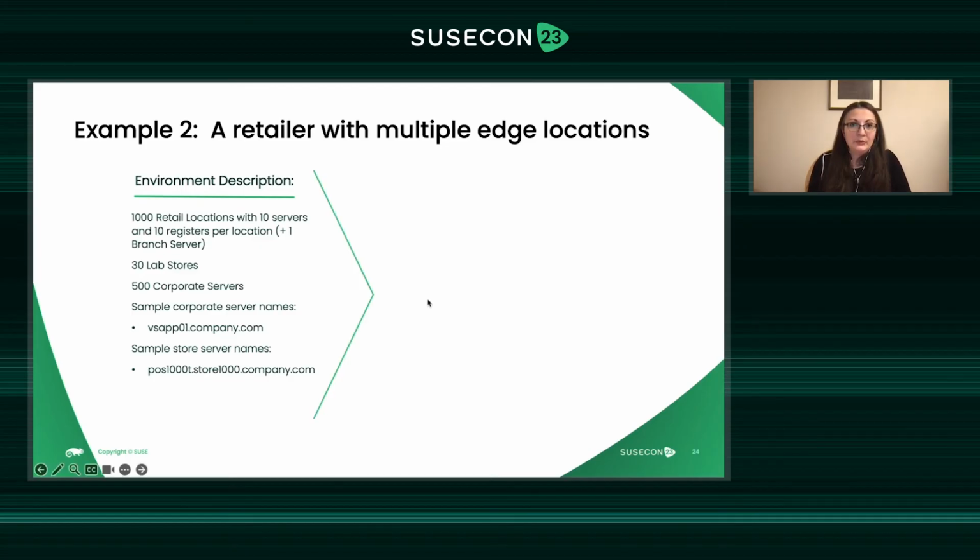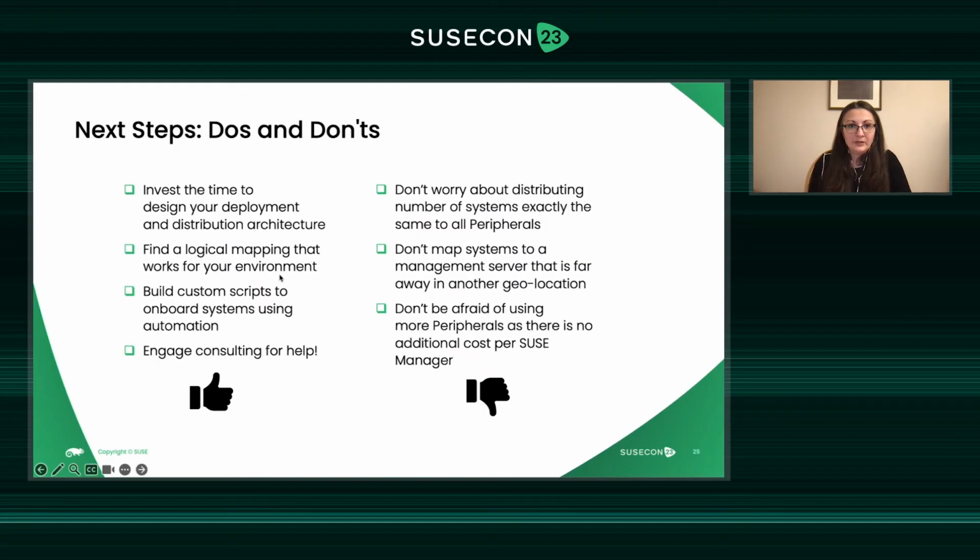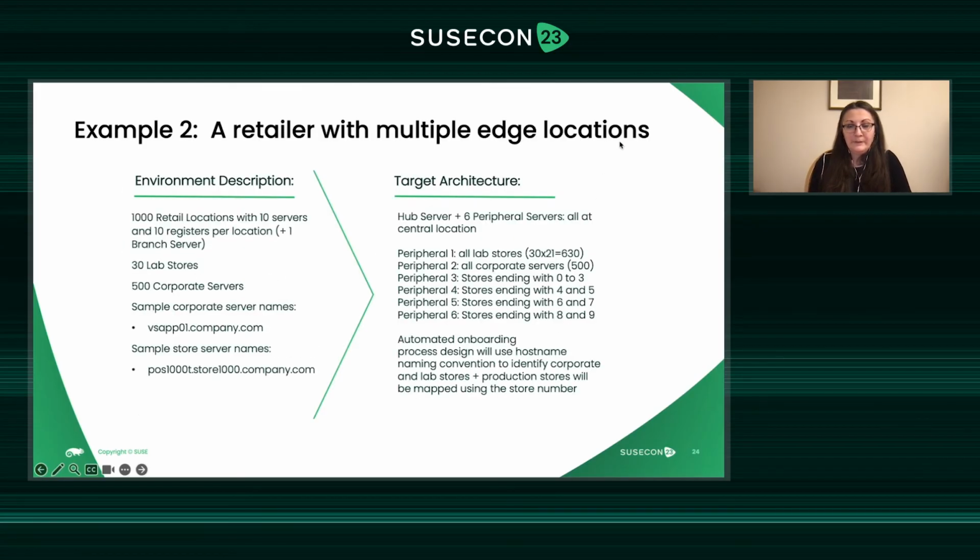So in this example, our target architecture is going to be a hub server with 6 peripheral servers that are all at a central location. We've decided that peripheral 1 is going to manage all the lab stores, even though there are only 630 systems. And our peripheral 2 is going to manage all the corporate servers, even though there's only 500 of them, just because we want to keep them separate from our production stores.